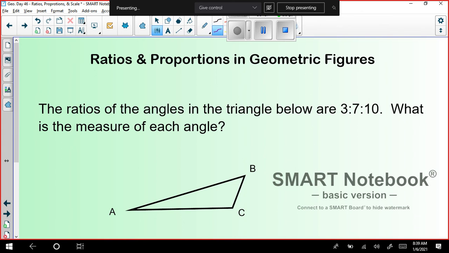Let me consider that we don't know the scale of this, but we know that they're in the ratio of 3 is to 7 is to 10.